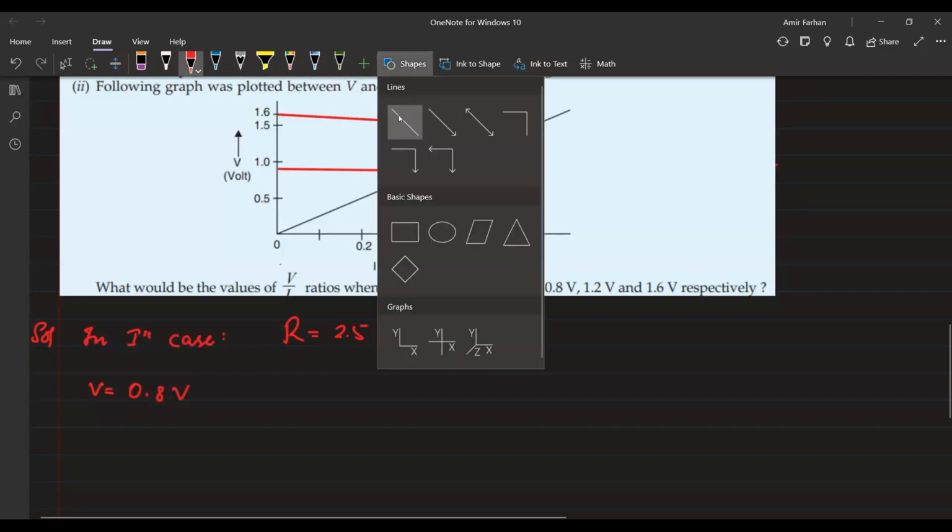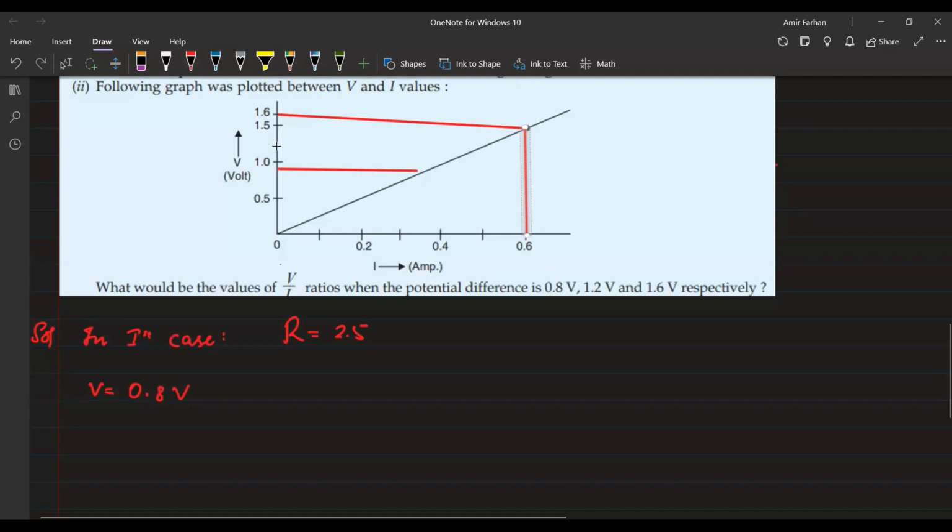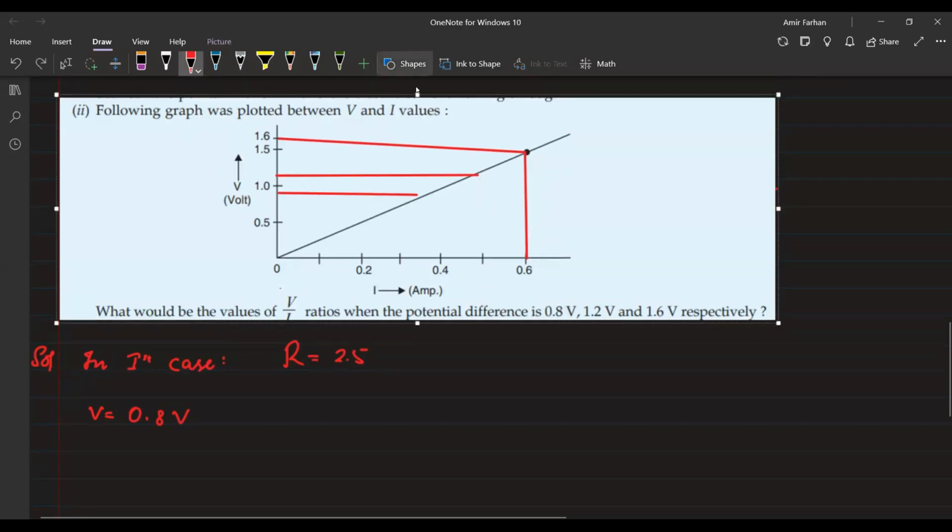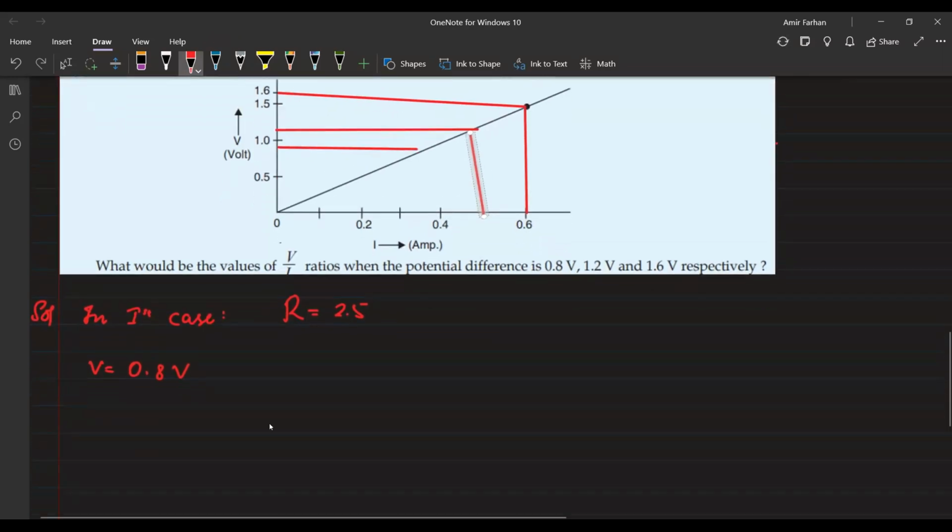And next is 1.2, so it would be around this. Sorry, it's a little bit tilted.